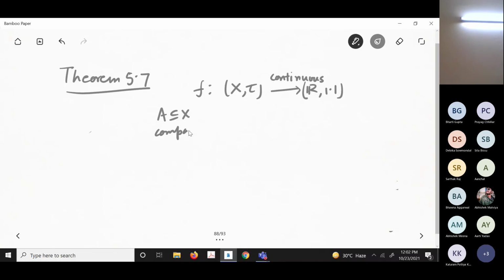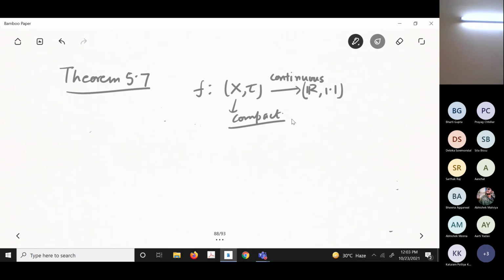Because we assume non-empty, because the empty set is always compact. Oh no, suppose the whole thing, I'm doing this thing. Suppose this space itself is compact.